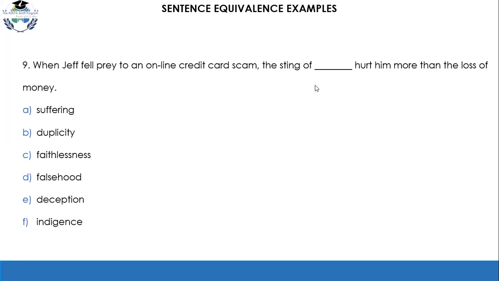So for me, when you read the sentence, when Jeff fell prey to an online credit scam, comma, that's the first part of the sentence where the comma ends. And then we have the second part of the sentence, which now tries to show us how he felt, the feeling of being lied to and being deceived.